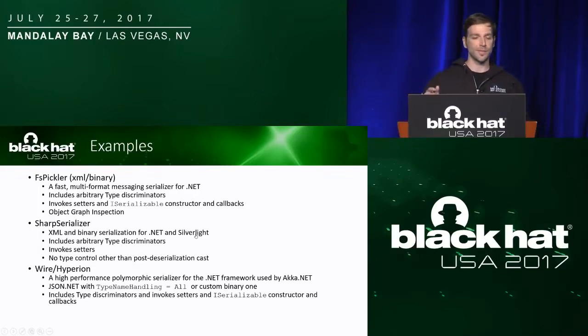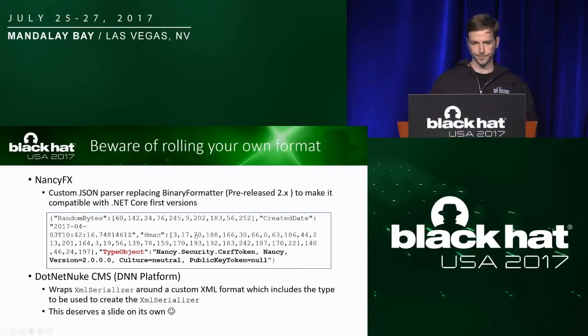However, you can enable this new custom serializer called Hyperion, that also includes type discriminators, also invokes setters, and also performs no type control at all. So if you can send a message to an Akka.NET actor, you will be able to get remote code execution as well.